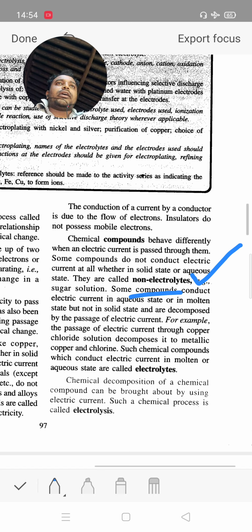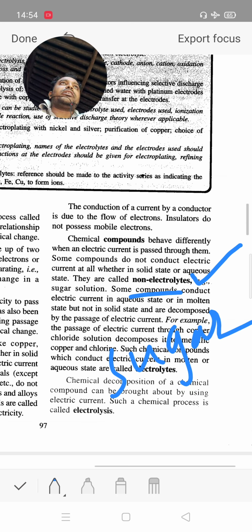Example, sugar solution. When present in a solid state or in an aqueous medium, it does not conduct electric current, so it acts as a non-electrolyte. Sugar solution is an example of a non-electrolyte.